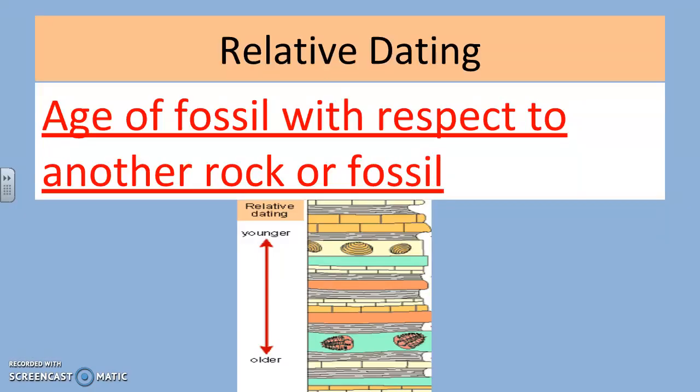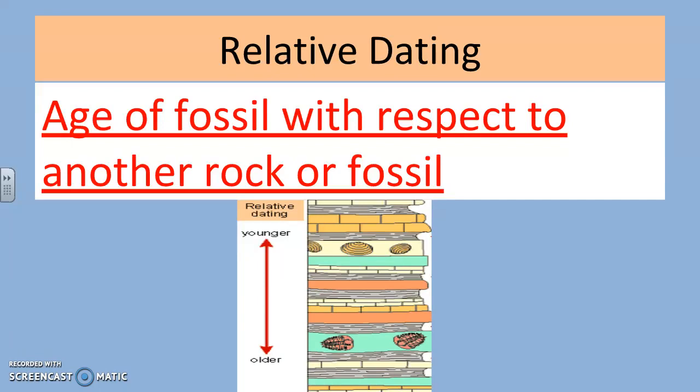All right. There are two main ways that we determine the date or the age of a fossil. The simplest one that we have is called relative dating. And relative dating tells the age of a fossil with respect to another rock or a fossil.